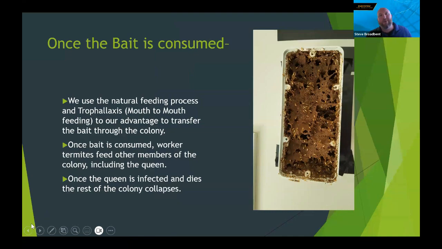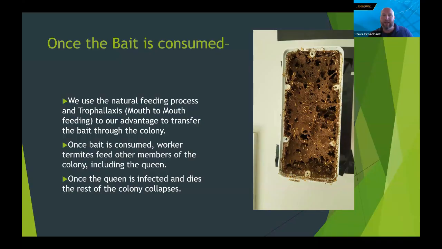So how do we get that bait back to the nest? This comes back to the biology and behavior area, and this is why I recommend we go into detail with our clients if possible. We can use the natural feeding process of the termite to get that bait back to the nest. As I mentioned, it's the worker termites that are doing all the damage.